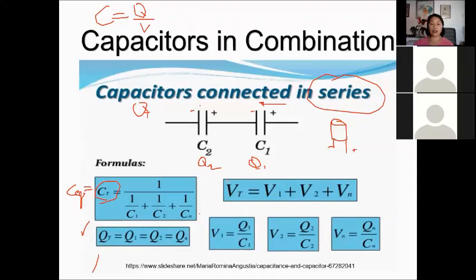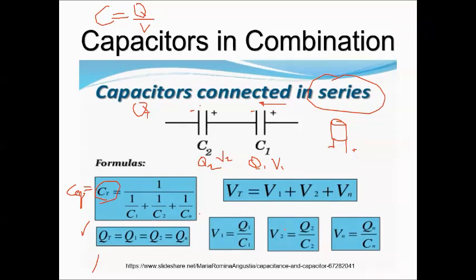And to find the total voltage, every capacitor may C, may V, may Q. No? So V total is V1 plus V2 kung dalawang capacitors lang. Okay, so wag niyo kalimutan ang formula to find V, to find Q, no?